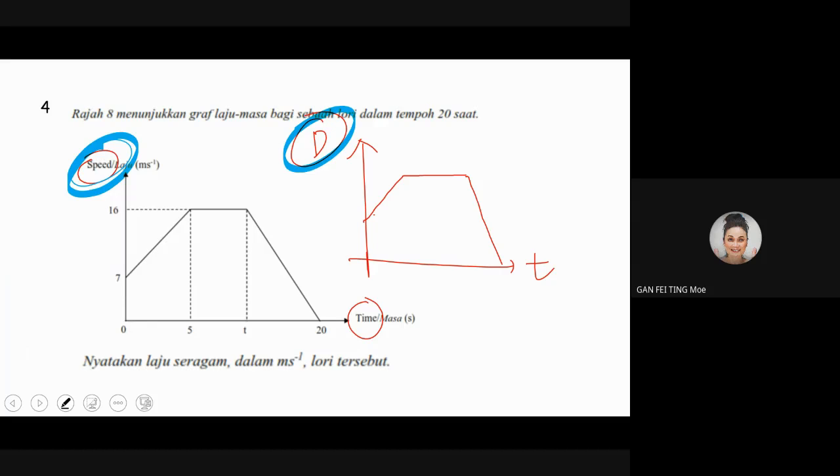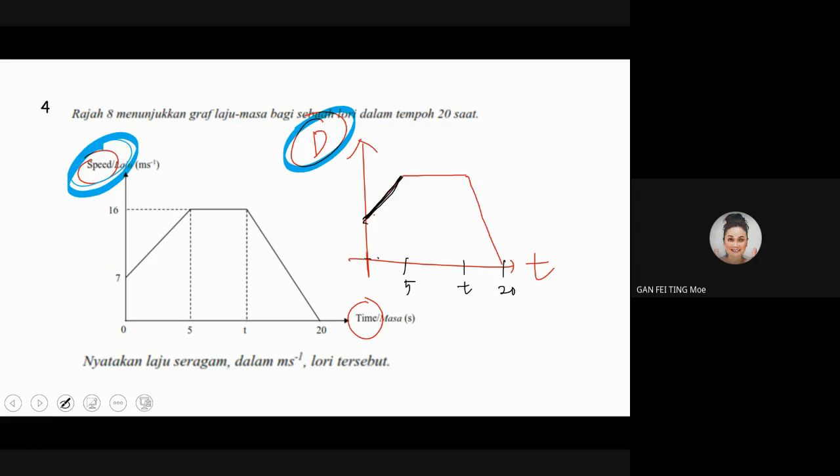What does it mean by distance for this graph? This is time. Okay, and here I take pen. This is time. Let's say this is 5 and this is t. And this is 20. This distance. What does it mean?